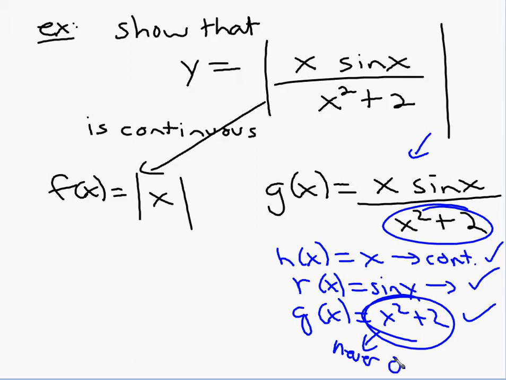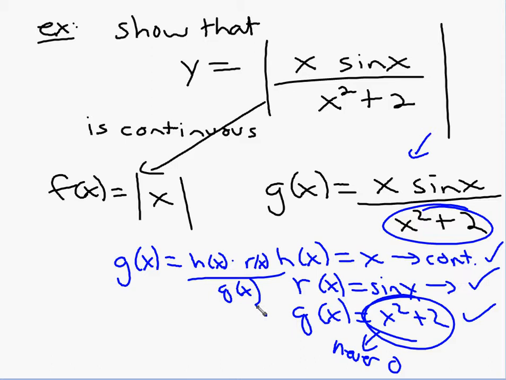Because this g of x is just h of x times r of x over q of x, and every one of those pieces is continuous, then that means g is continuous, right?